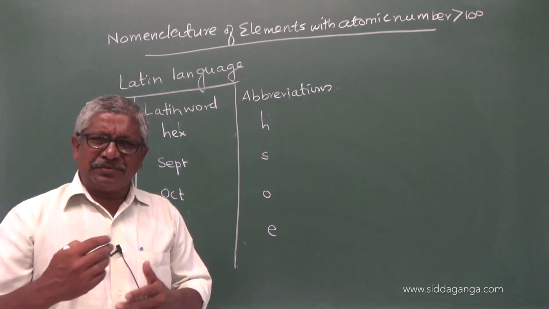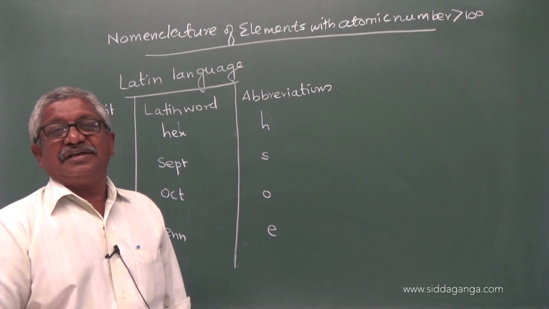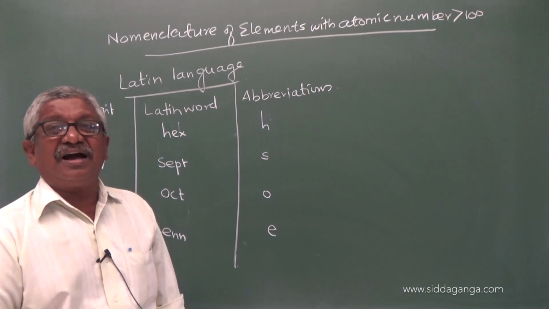We will see one by one the name of each element with atomic number greater than 100.